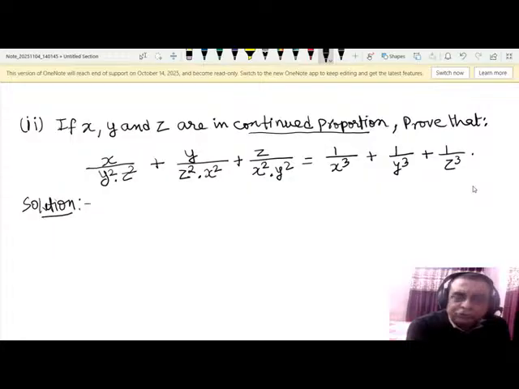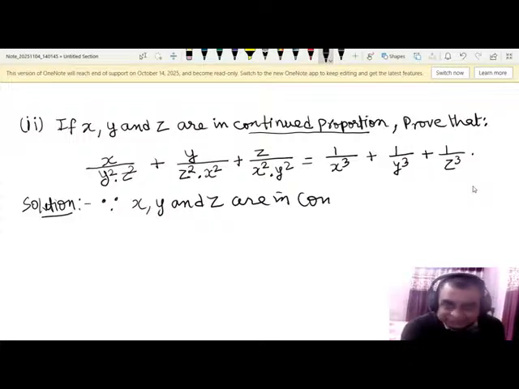So in the question, we are told x, y, z are in continued proportion. So what is the meaning of continued proportion?